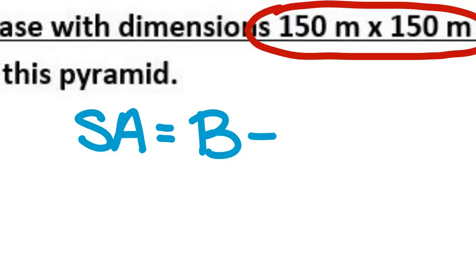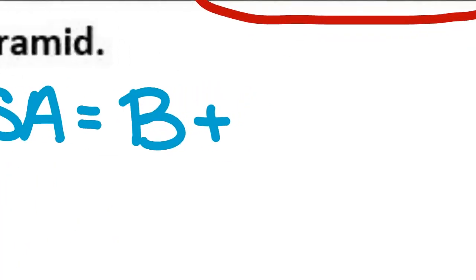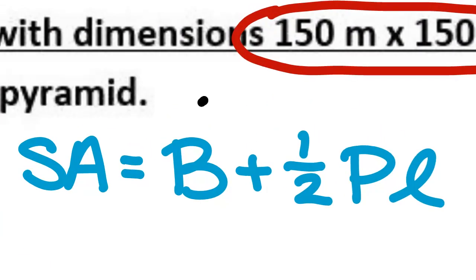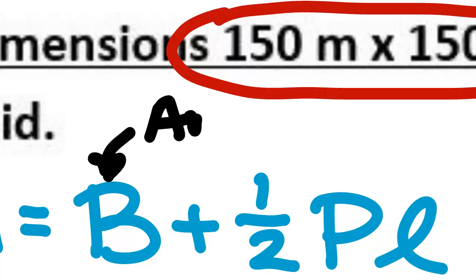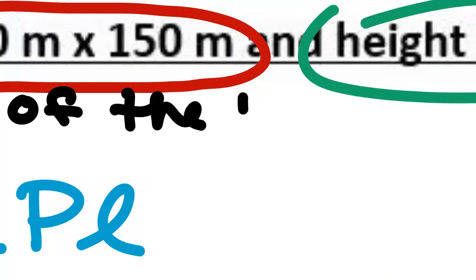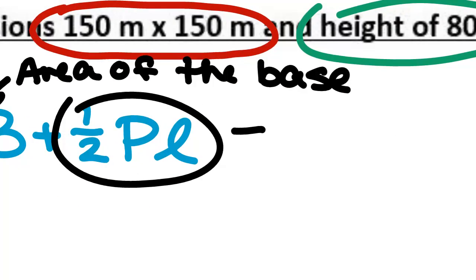Area of the base plus, how do we calculate lateral area for a pyramid? 1/2 perimeter times the slant height. So this is area of the base, and this is the lateral area.